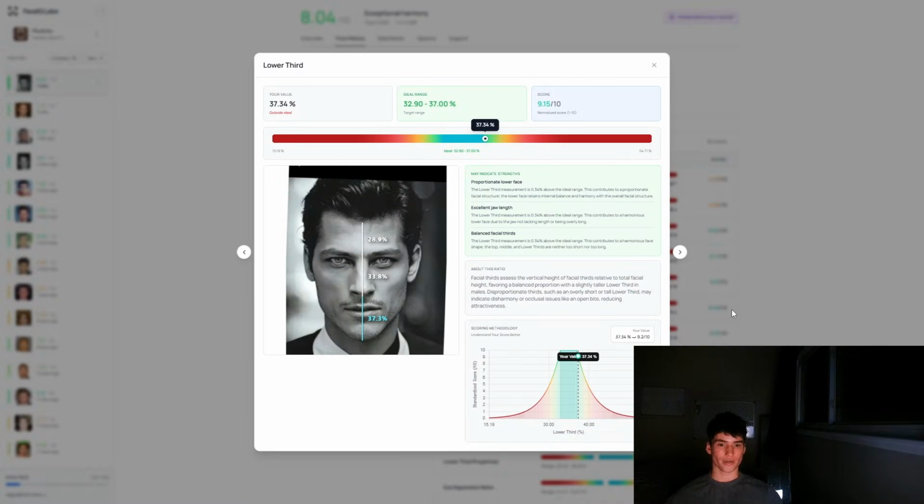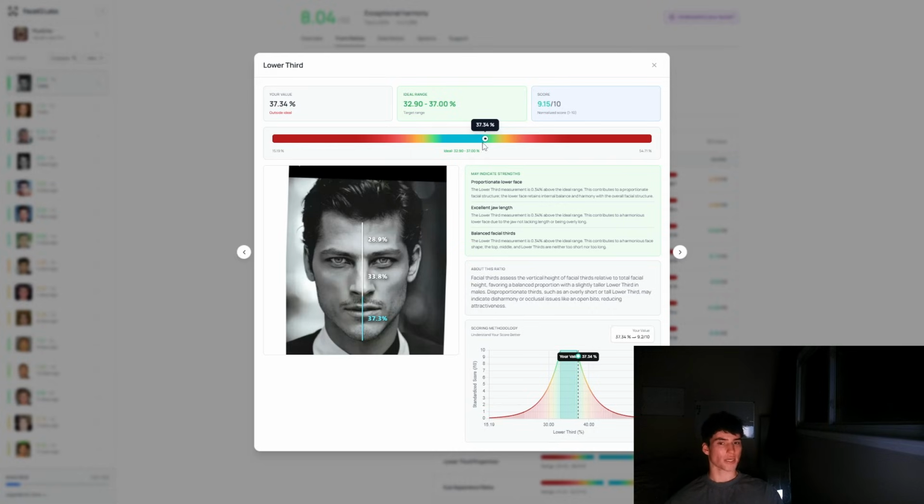And the lower third. So it's actually possible that this isn't measured accurately. Now the reason why is because in this photo his lips are open, right? If his lips are closed in this, the measurement would actually be a little bit higher. So it would be around a 1 to 1.5% increase, which would make it higher.